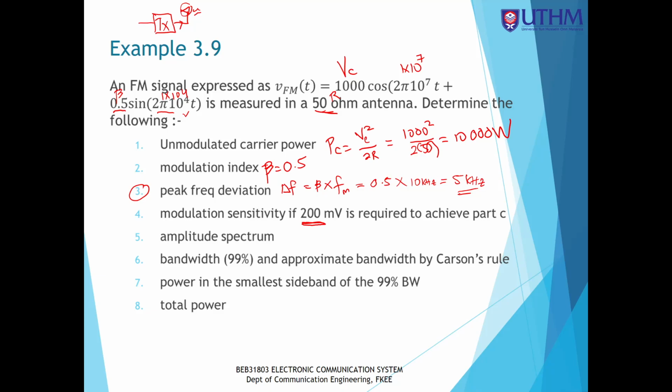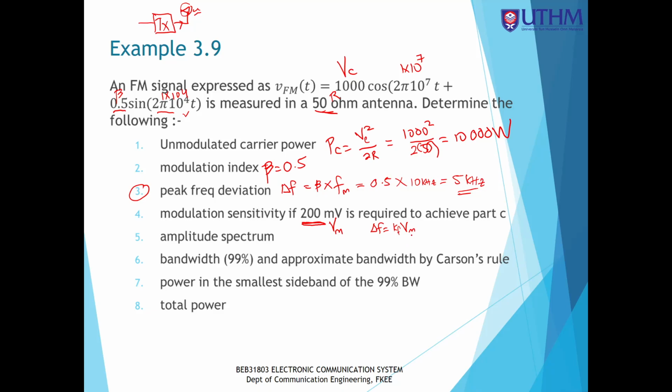This is referring to the modulating signal peak amplitude Vm. Because if you want to achieve part C, delta F, if you remember, delta F is equal to Kf times Vm.